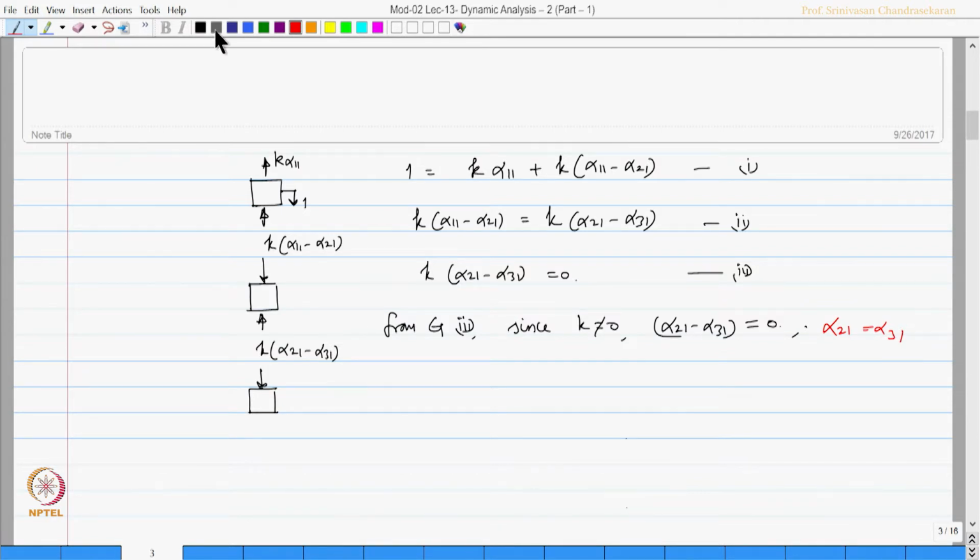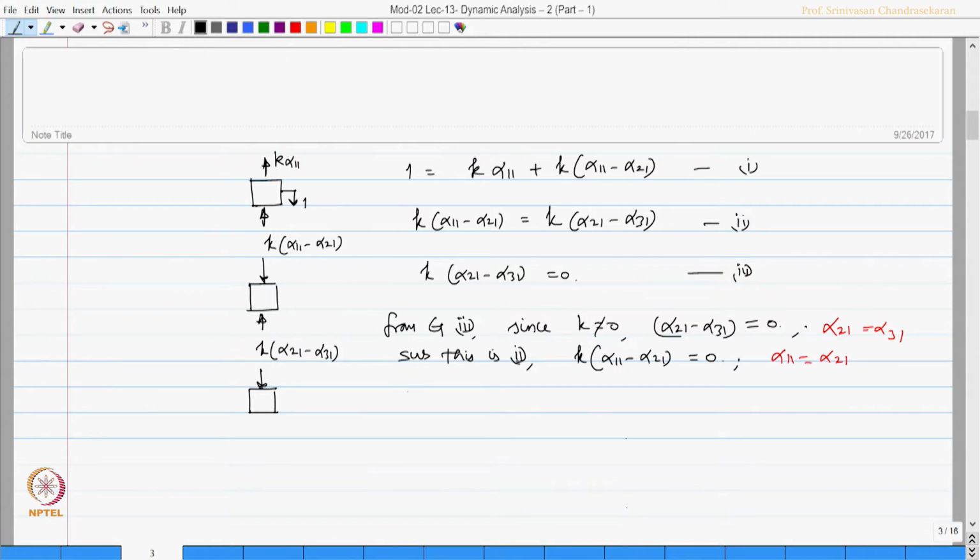Now, substituting this in 2, we get k of alpha 1 1 minus 2 1 is 0, which implies that alpha 1 1 is also equal to alpha 2 1.